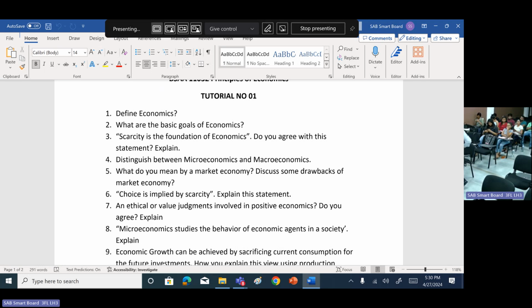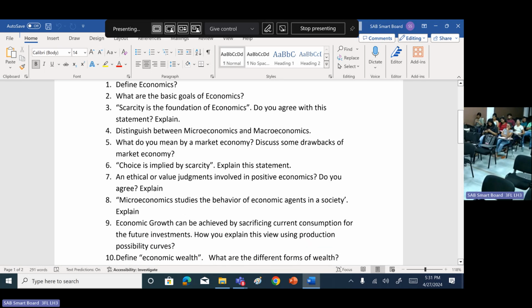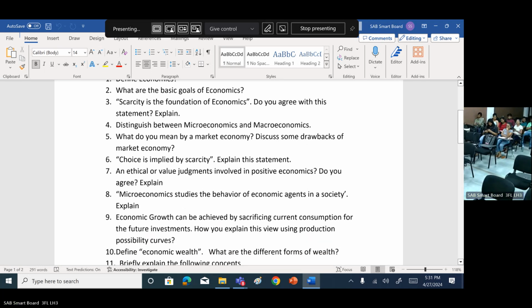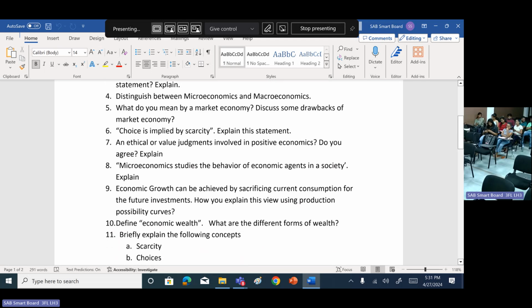Microeconomics is a partial equilibrium, macroeconomics is general equilibrium, and you need to explain the difference. This is the graphical approach. Likewise, other things such as value judgment and positive economics, you agree? Value judgments are there.